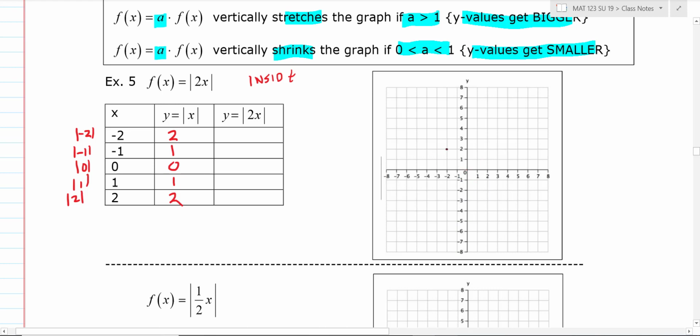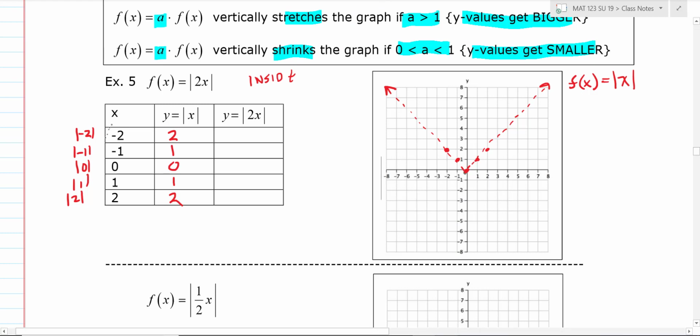So I have -2, 2, -1, 1, 0, 0, 1, 1, and then 2, 2 like that. Okay, so that is the basic elementary function that we've learned how to do. So just go ahead and sketch that in. Be sure you always put those double arrows at the end and then label that as f of x equals absolute value of x.